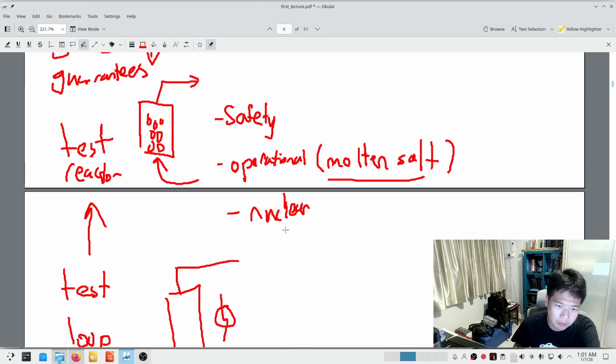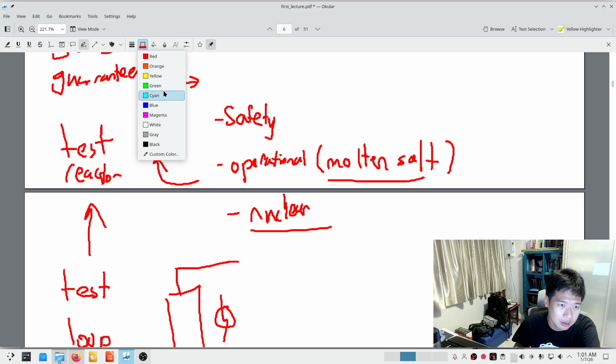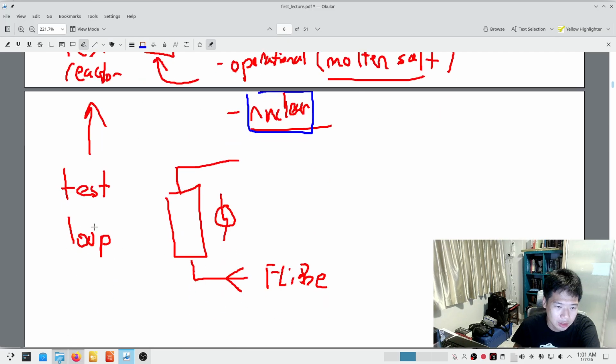You want to do that before introducing this extra level of complication. So even before you build a test reactor, you might want to build test loops.